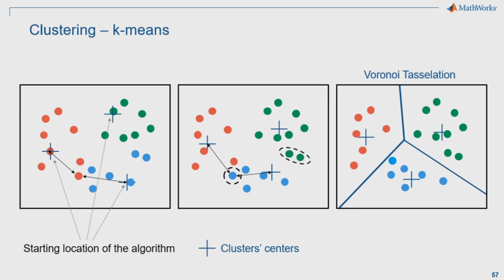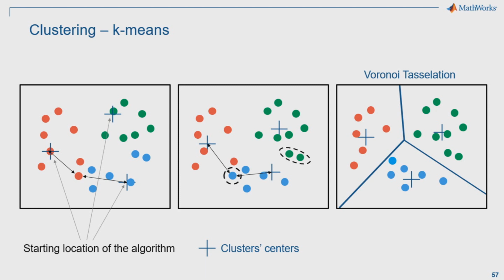So probably the most famous partitioning method is the k-means clustering algorithm. The k-means clustering algorithm starts with what are called cluster centroids in random positions of the space of your data, and then all the data are assigned to the clusters based on the distance from that specific point to all of the cluster centers.